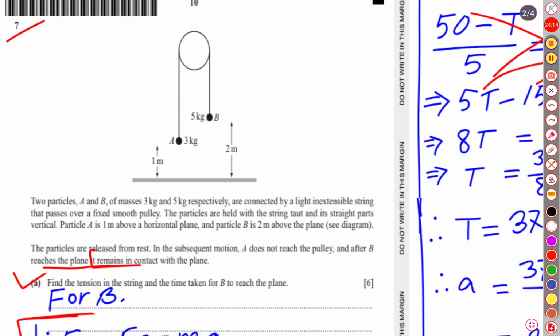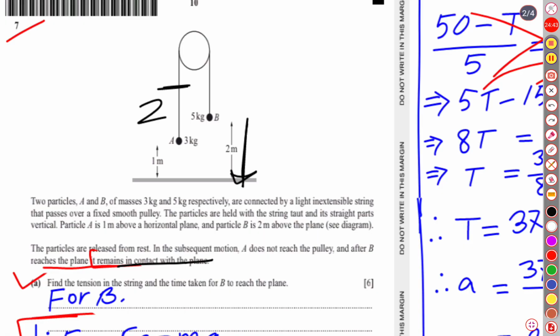When B touches the ground, it is in contact with the plane. When it reaches here, there is no more external force acting on any of these. So what will happen?